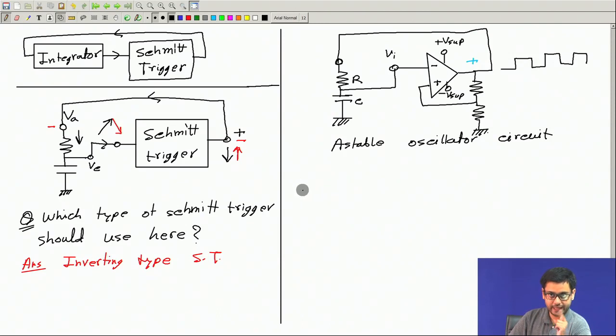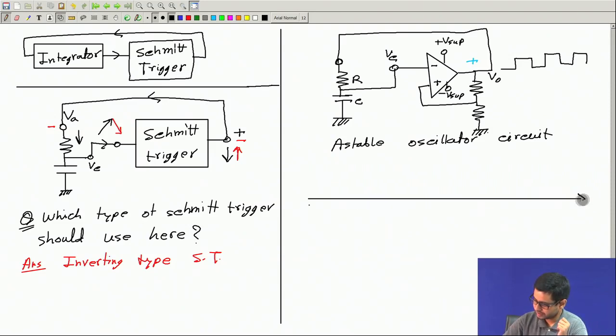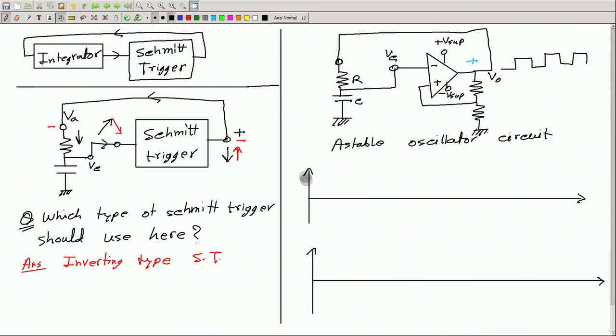Now, can we draw the voltage waveforms at different points? Say here, call this Vc, capacitor voltage, and call this Vo, output voltage. Let us try. So, time versus Vc and Vo.